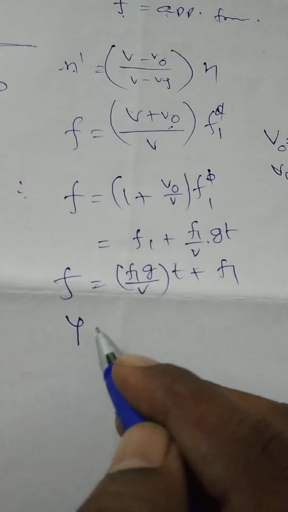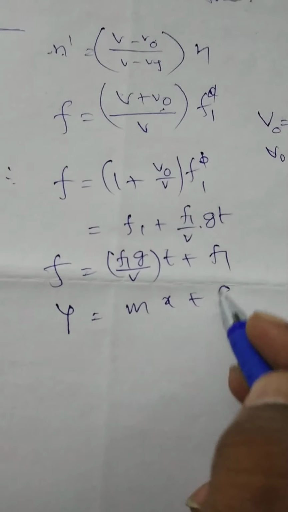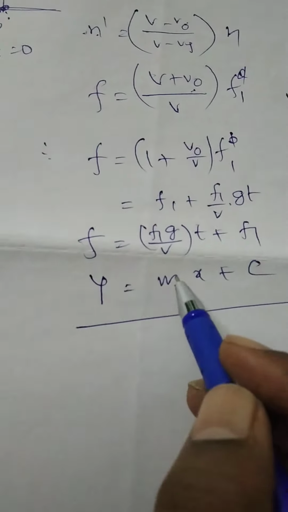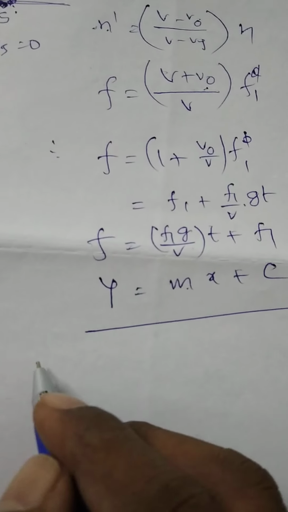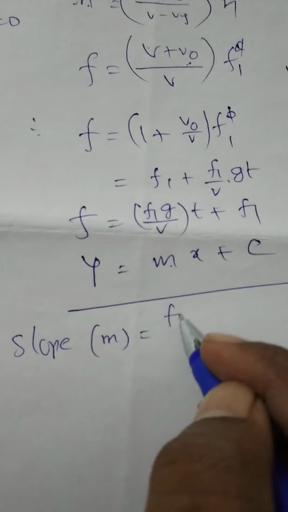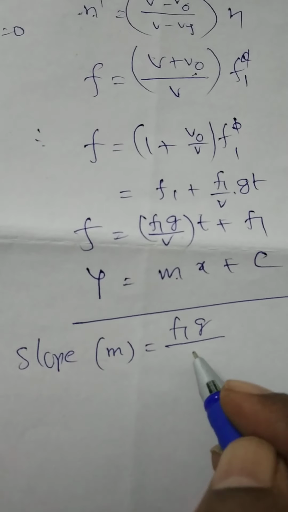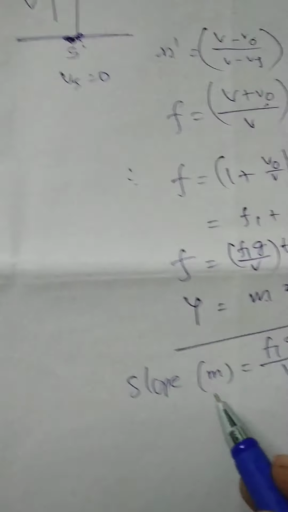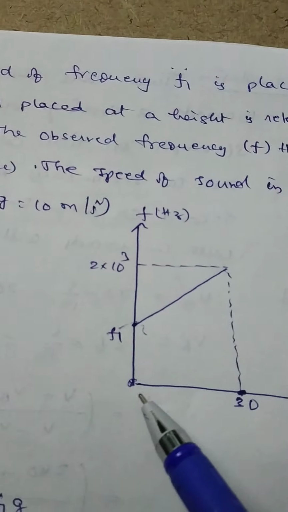It is similar to y equal to mx plus c. The slope of the graph m is equal to F1 g by V. But slope is equal to the difference in y coordinate by the difference in x coordinate.